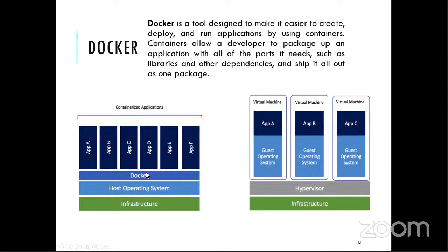Once you install Docker, it shares all the libraries and whatever the operating system needs, shared for all applications in only one layer. Here, application A, application B, or application C do not each have individual operating systems.